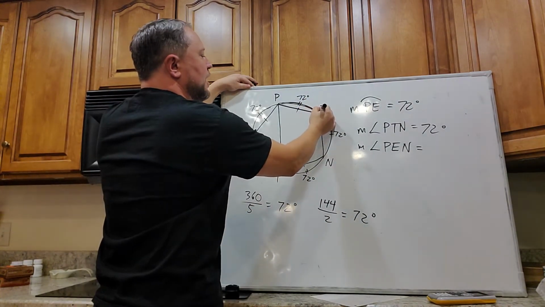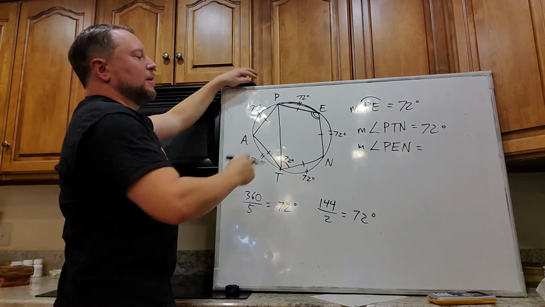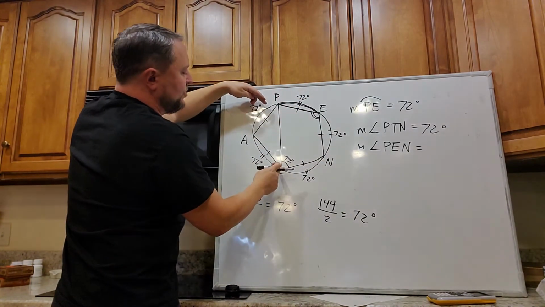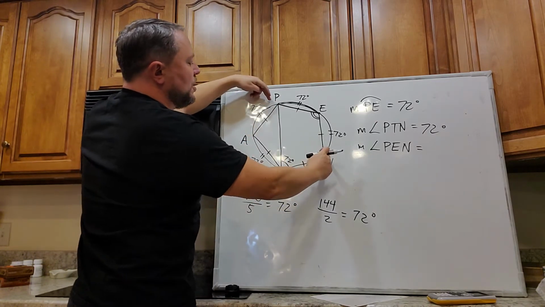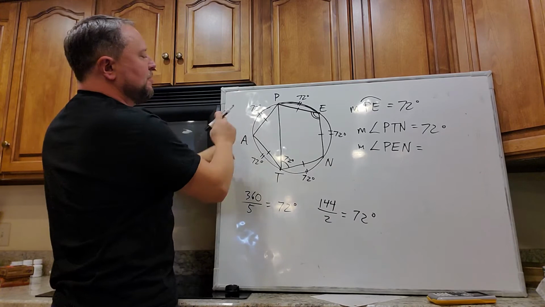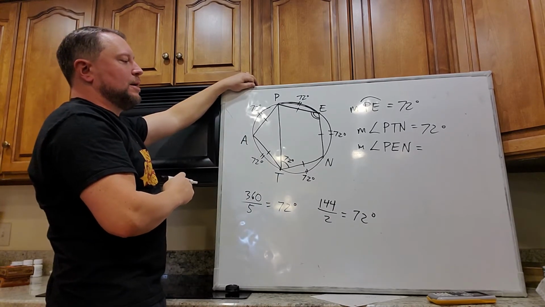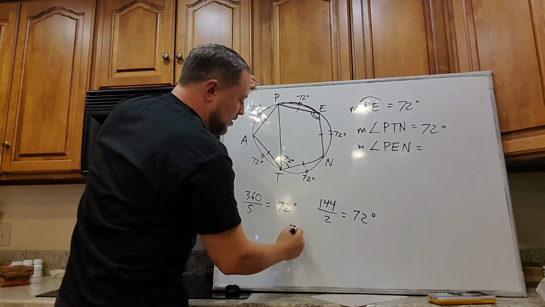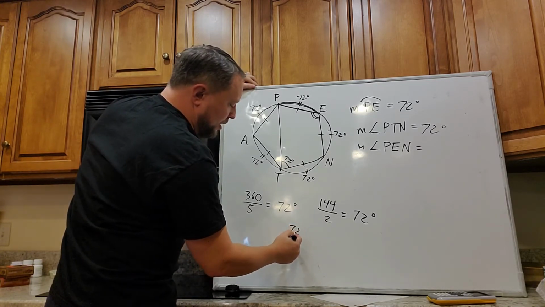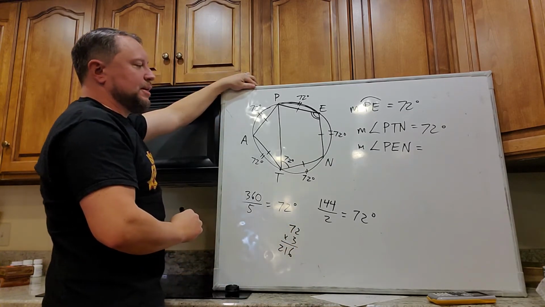It's another inscribed angle. If you follow it out, it hits a 72, a 72, and another 72. So it hits a total arc of 3 times 72. Okay, so you can look at it that way. You could say, all right, 72 times 3 gets me up to 216 degrees.